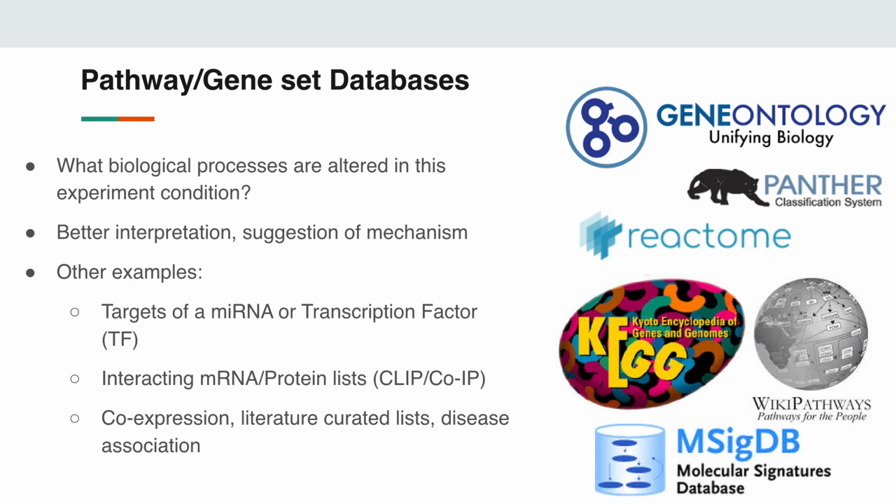You can compare your results to lists of mRNAs that interact with the protein of interest, or even protein-protein interaction lists obtained through immunoprecipitation assays. And you can compare your gene list, for example, the expression of the same genes in other tissues, or any kind of literature curated list, and any list of genes associated to a particular disease.